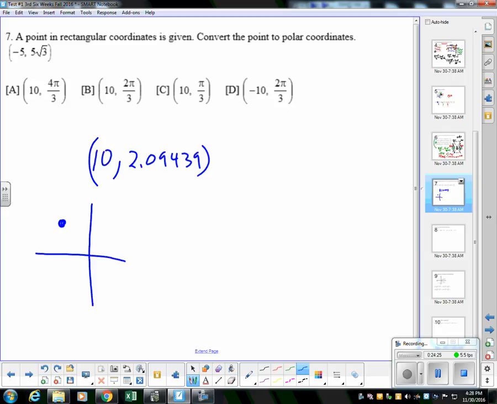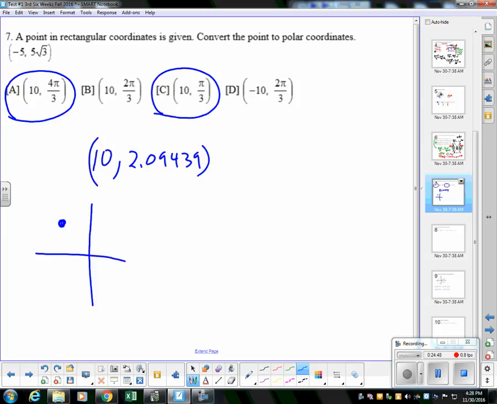So if we look at our angles up there, all of those angles are in terms of pi over 3, but C and A are both angles located in the first quadrant or the third quadrant.